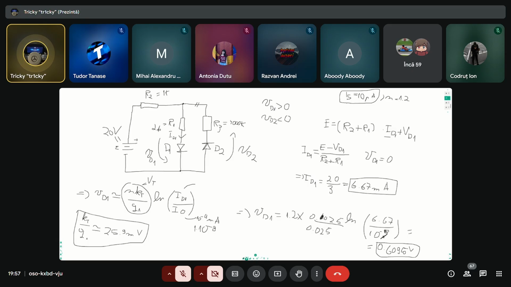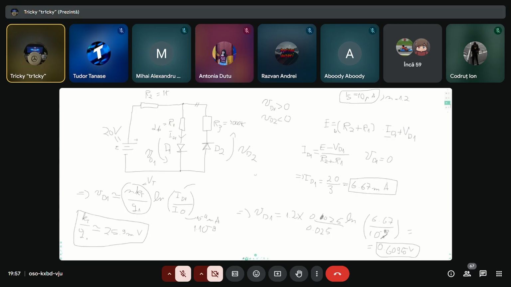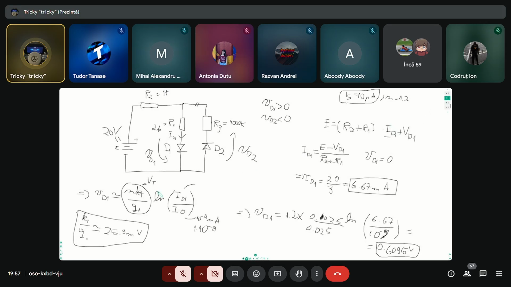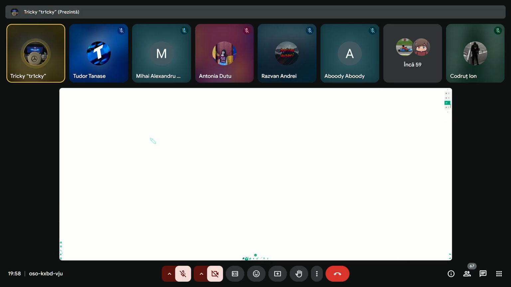Right. Next step is we will go back to the ID1 formula and replace this here with the value we got. So we can calculate ID1 with the voltage for VD1 being 0.6095. And we can rewrite it ID1.